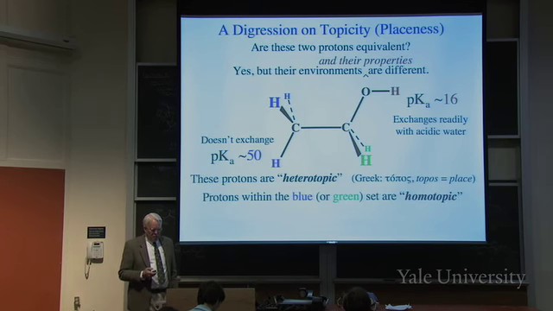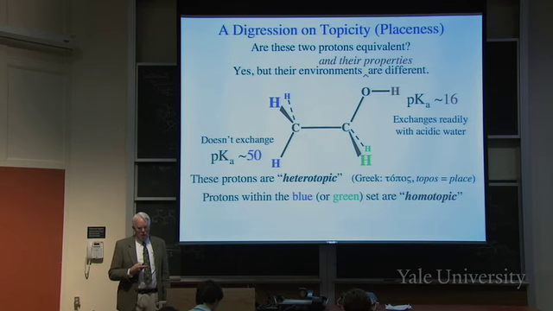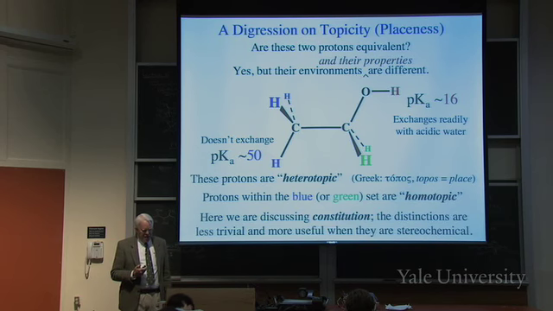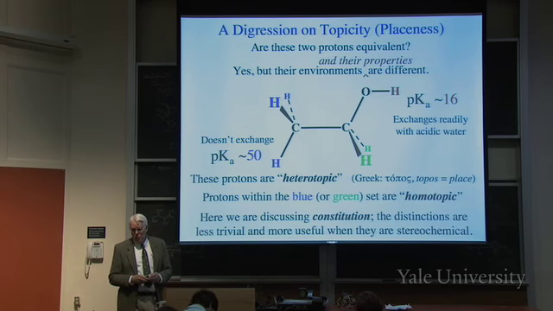So protons within the blue group are homotopic, and the green protons are homotopic with one another, right? They're in the same kind of place, at least if we're discussing constitution: what they're bonded to and what those things are bonded to and so on.